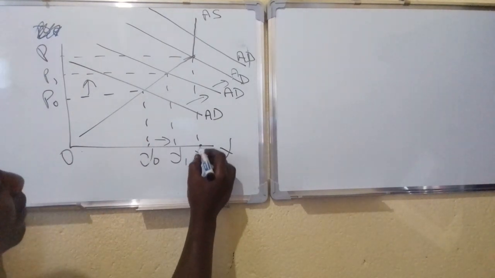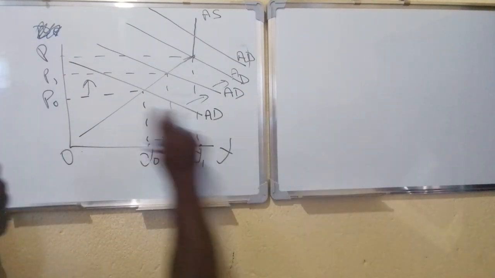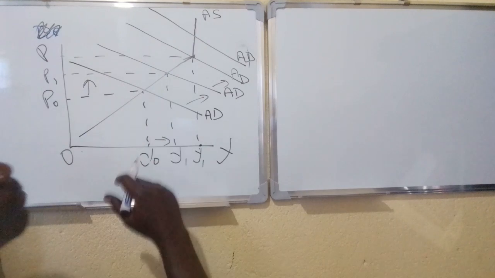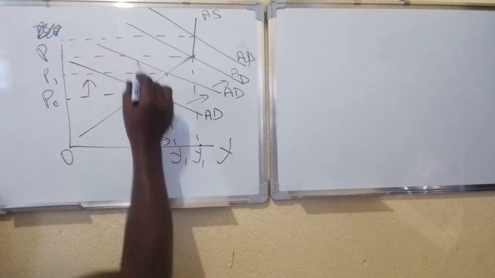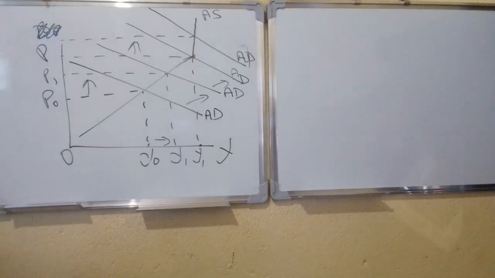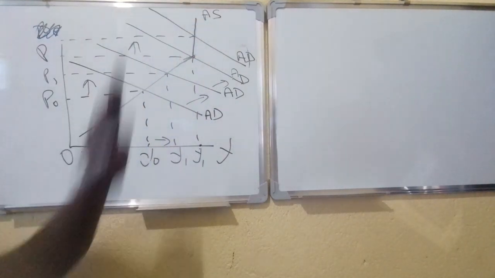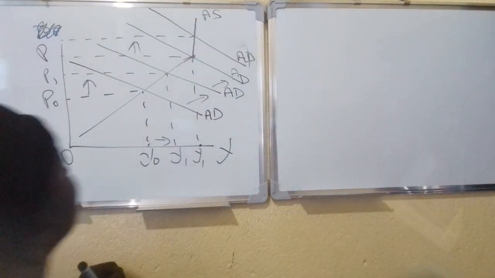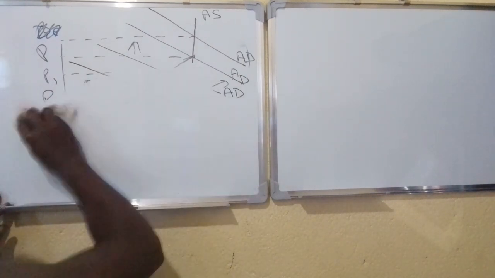It's standing here now. It can no longer move to higher levels, but because aggregate demand keeps on increasing, can you see now inflation is even increasing at a higher rate? So this is how you show demand pull inflation. This shape is very important. Okay, demand pull inflation. Read the notes as well for further understanding.